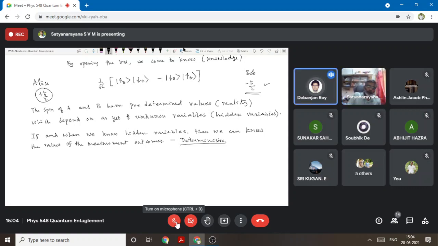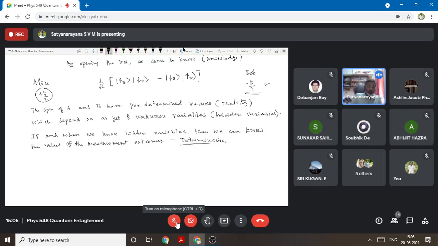And what about the information transfer? Immediate information transfer. The next question is that there is something called local influence. Suppose Alice is making a measurement here.